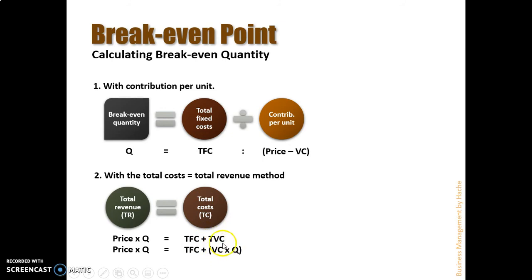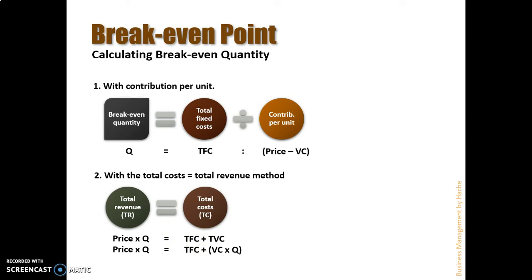Remember that the total variable cost is the variable cost per unit times, again, Q, the quantity. By developing and finding Q from this equation, you will again get the break-even quantity. You just need the price, the total fixed costs, and the variable cost per unit, and then you get exactly your break-even point. So there are these two possibilities to get the break-even quantity in exact numbers.